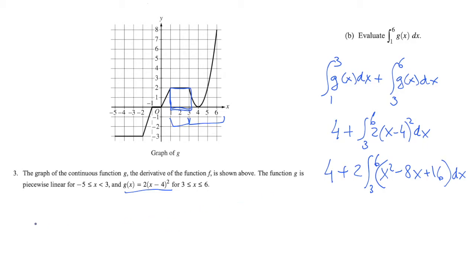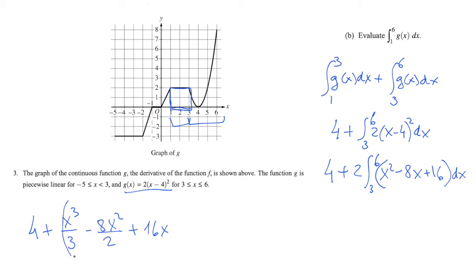And now we need to integrate. I'm going to continue this here. 4 plus, then integral of x squared is x to the power of 3 over 3. Integral of negative 8x is negative 8x squared divided by 2, and plus 16x.